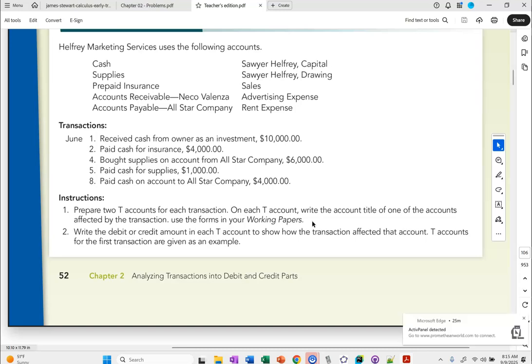So, that side is the plus, assets. The minus side is the credit. That is the minus. When you're paying for something, like cash and supplies, you have a minus for cash, plus for supplies.